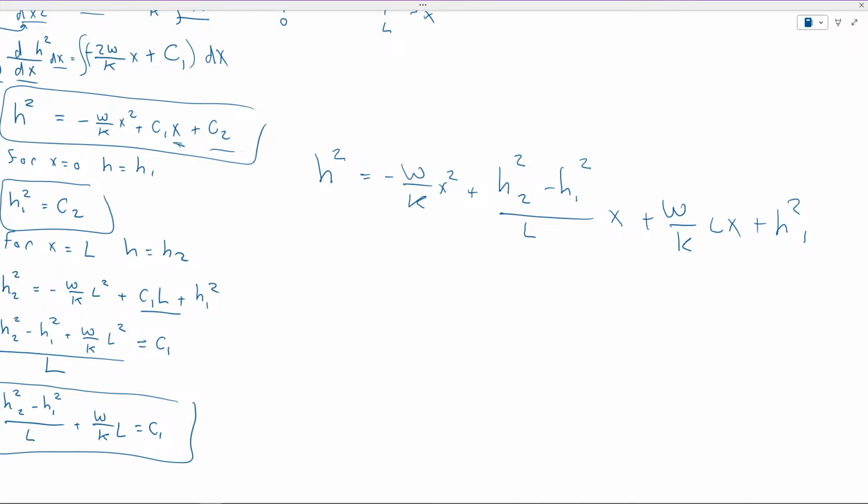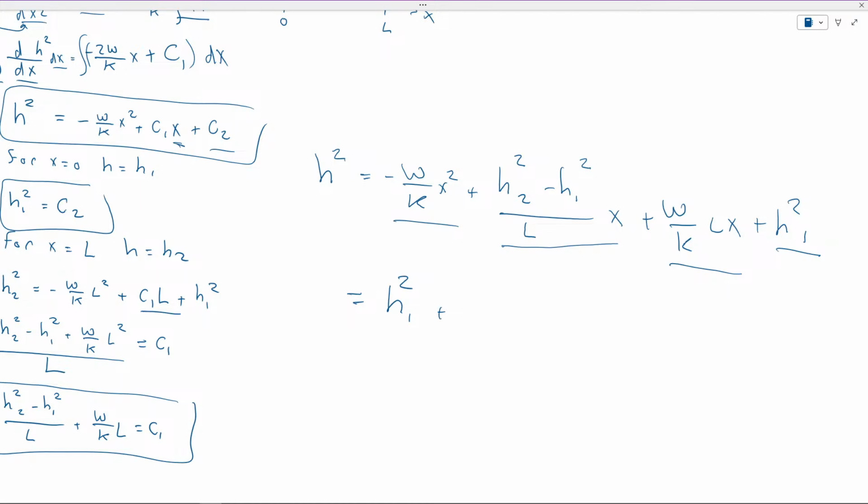Can I rearrange some of these terms? I think I can. The most obvious thing is I just bring this one to the beginning. Then I have this one here.